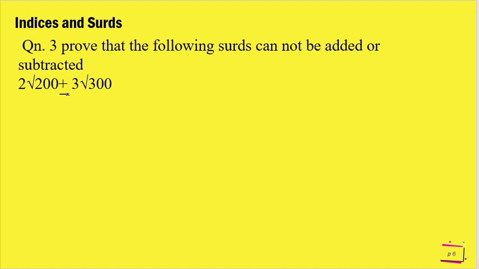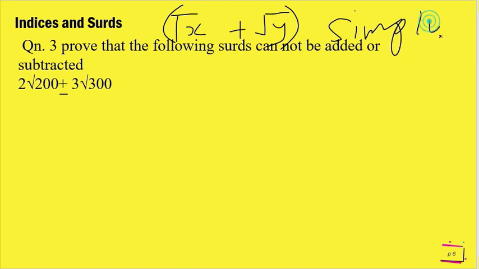Therefore the question requires us to prove that what is inside the root in the first surd and what is inside the root in the second surd will not be the same. So therefore we need to simplify both of them.